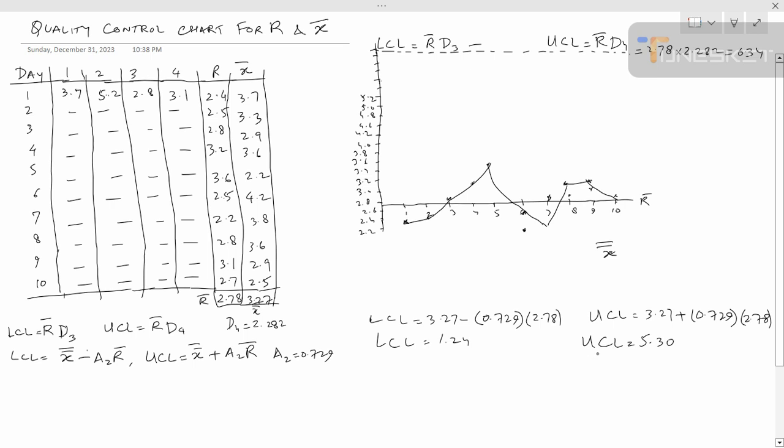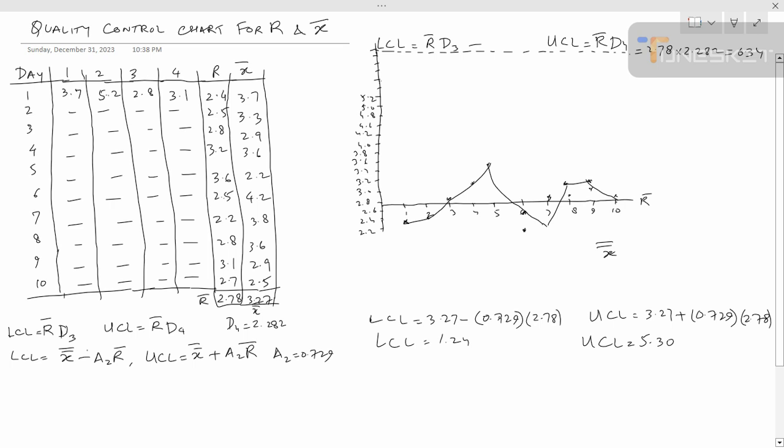So this is the upper control limit, and this is the lower control limit for the X double bar values or X bar chart. So we start with the lower control limit, then we draw a solid line at the X double bar value, which is 3.27, and then the upper control limit, and then we can locate the days along the horizontal axis accordingly, and the values corresponding to each day, the value of X bar.